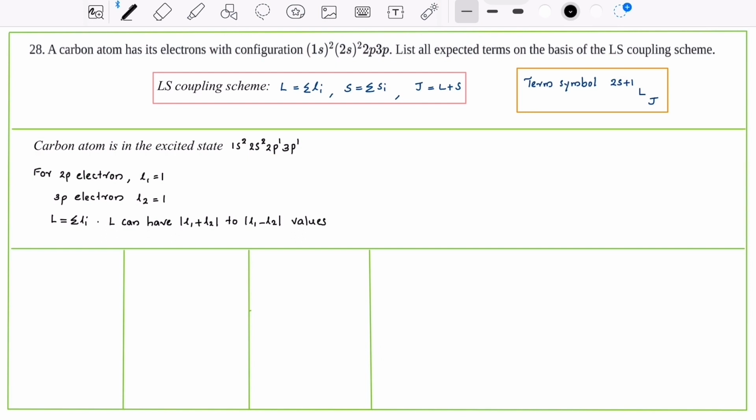Here L1 is equal to 1, L2 is equal to 1. Therefore, capital L can take the value from 1 plus 1 to modulus of 1 minus 1. That is, the value of L is 2, 1 and 0. That is, the carbon atom has an angular momentum L which can take the value 2, 1 and 0.